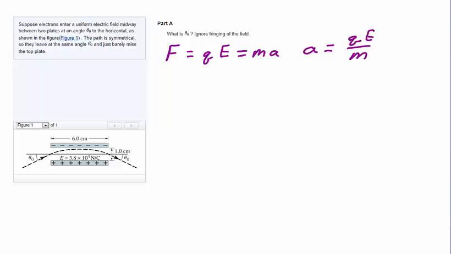The expression that we just derived is a scalar expression telling the magnitude of the acceleration. If we want to make this into a vector expression, we're going to need a unit vector, and we can see that the acceleration is downward between these two plates. At this point, hopefully the problem has become quite clear.